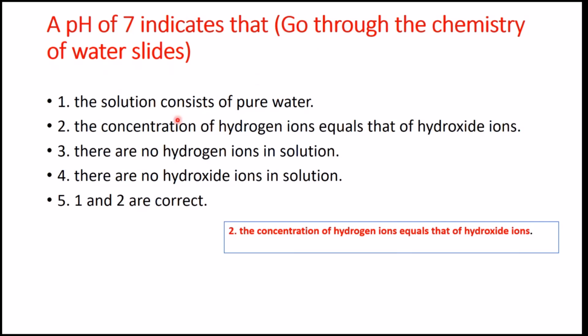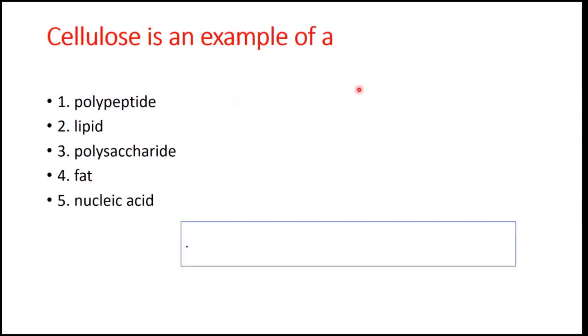Is it fine? Cellulose, I think we have done this. Cellulose is an example of polysaccharide. Anyone else? Polysaccharide. Do we have a third person rather than the third option? Cellulose is an example of polysaccharide, right? Polysaccharides are large molecules which are made up of multiple sugar carbohydrate units.